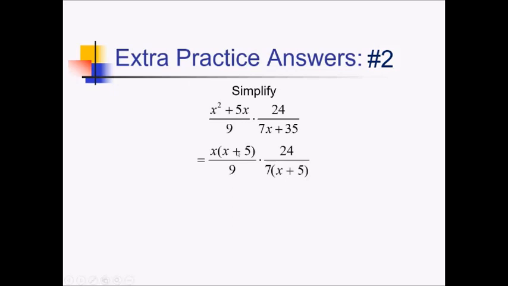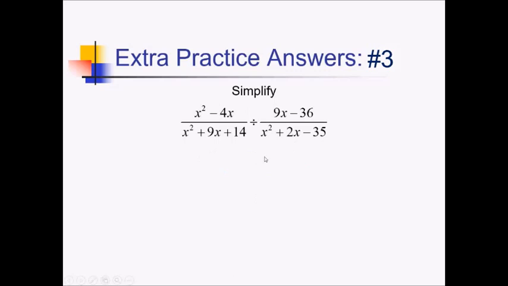I can cross-cancel these x plus 5s because I'm multiplying the fractions, so cross-canceling is allowed in that one situation. And then 9 and 24, those can reduce by 3. So 24 is now an 8. This 9 down here is now a 3. Multiplying the leftovers, we have x times 8, which is 8x. And 3 times 7 in the denominator gives me 21.